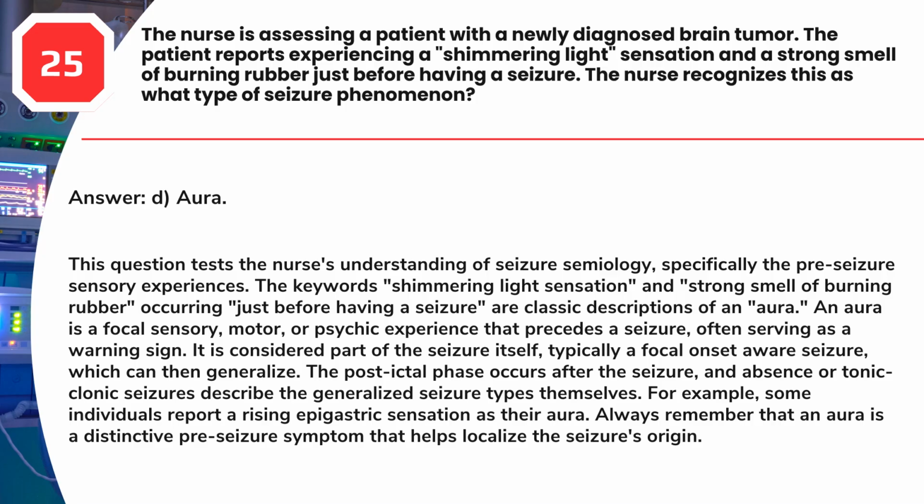The post-ictal phase occurs after the seizure, and absence or tonic-clonic seizures describe the generalized seizure types themselves. For example, some individuals report a rising epigastric sensation as their aura. Always remember that an aura is a distinctive pre-seizure symptom that helps localize the seizure's origin.